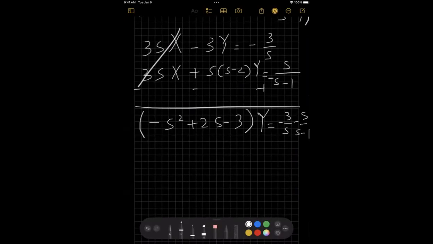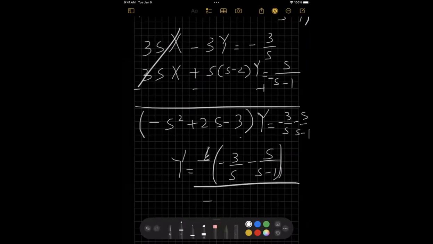So minus 1 plus 2. So y will be equals to minus 3 over s minus s over s minus 1 multiplied by 1 over the whole term minus s squared plus 2s minus 3. Now you can solve it, okay? From here you can solve it. So you will get y, then you will apply it into the x.